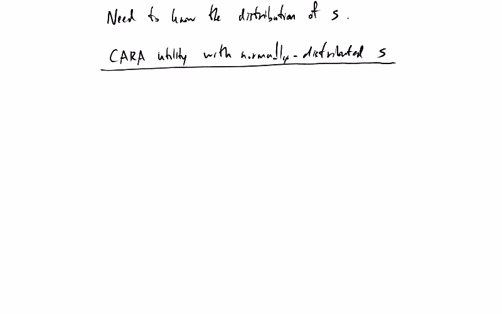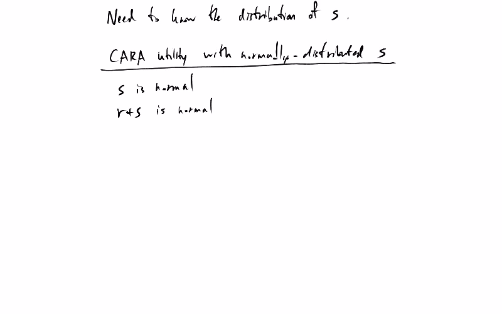S is normal. When S is normal, R plus S is normal too. When you add a constant term to a normal distribution, it's still a normal distribution. Now we put it in the utility function.